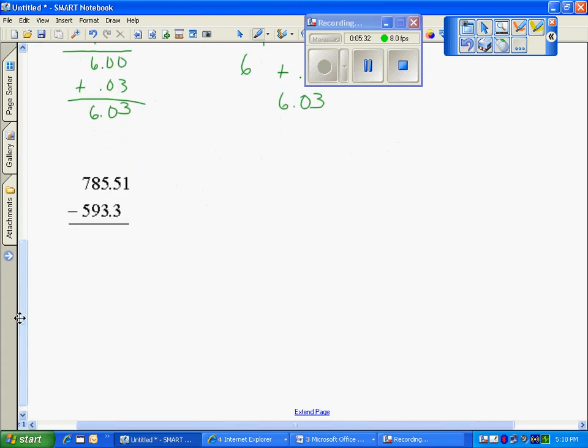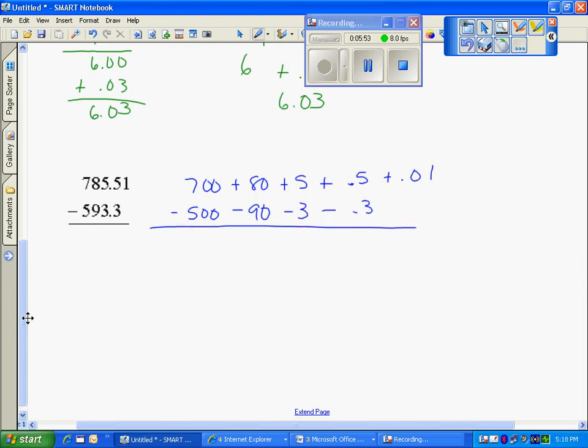In the last problem, using decomposition, I have 700 plus 80 plus 5 plus 5 tenths plus 1 100th. I'm going to take off 500, 90, 3, and 3 tenths.